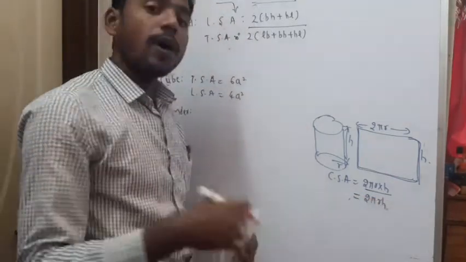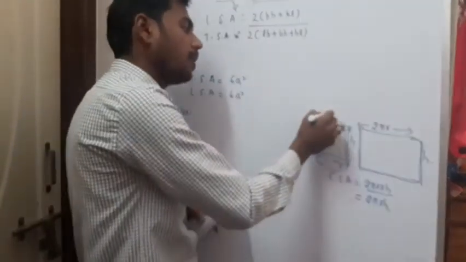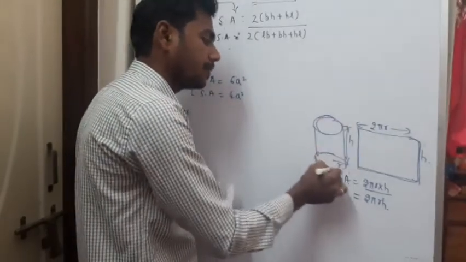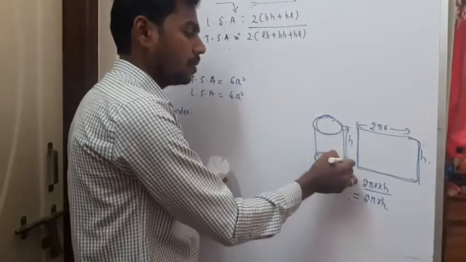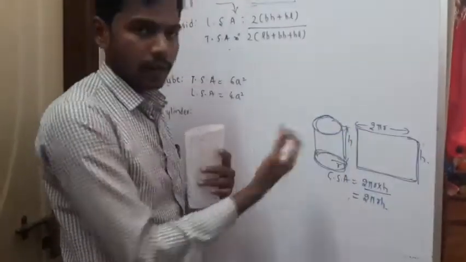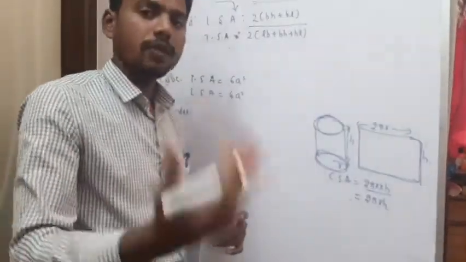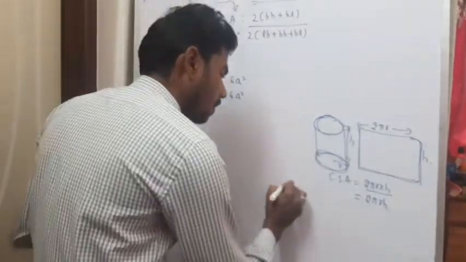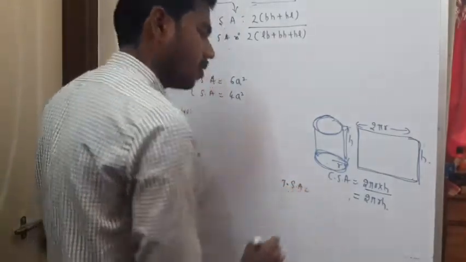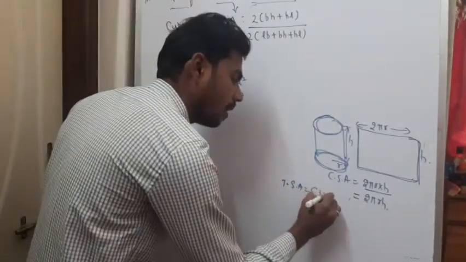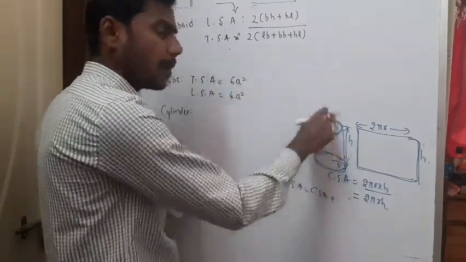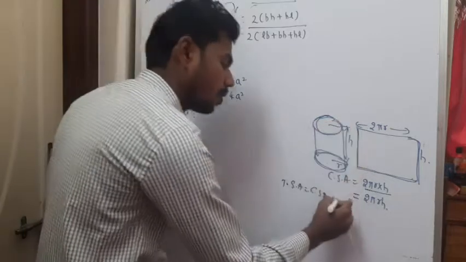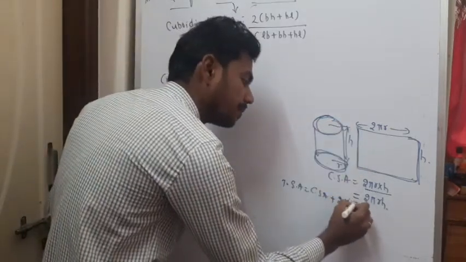Next, what is total surface area? If you include the area of the top and bottom circular faces, then it will be the total surface area. So total surface area is equal to curved surface area plus the area of these two faces, that is pi r square each, so 2 pi r square.